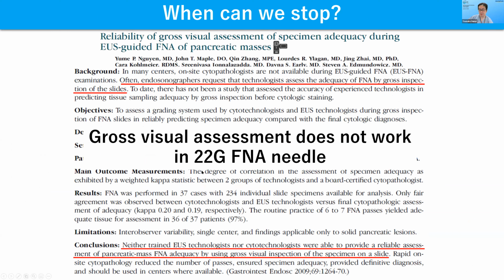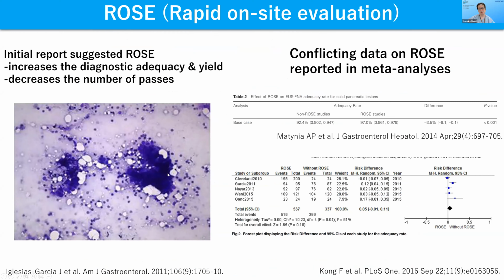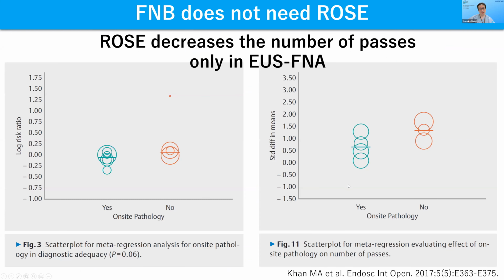And if you choose an FNA needle, you cannot tell by looking at the specimen with your eyes. And you may need ROSE, rapid on-site evaluation by microscopic examination. And this is a report comparing FNA with ROSE and FNB with ROSE.